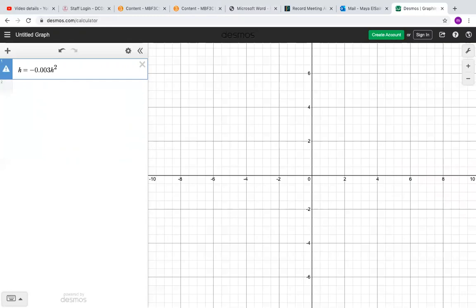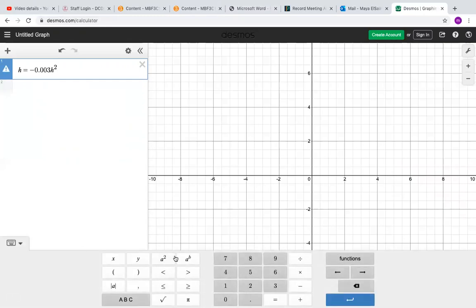So to do the squared, you can either use that button here or that button right there, or you can do the hat, something that looks like a hat on your computer, shift six, and that will give you the superscript.